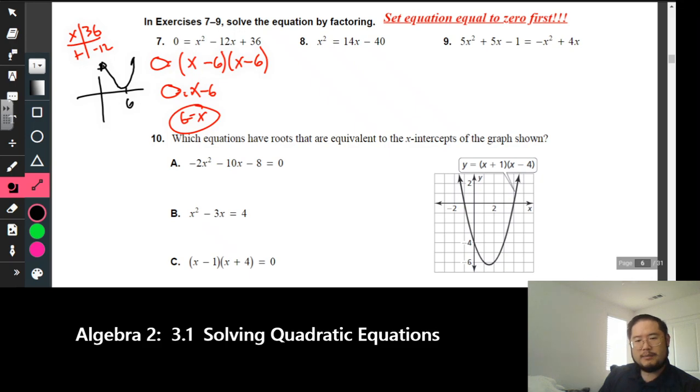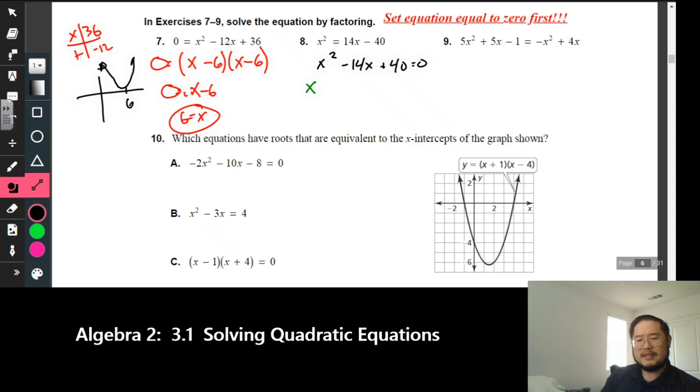Let's take a look next up at number 8. Now right here, it's not set equal to 0, so that's something you're going to have to do. I like to try to keep the x squared positive. Whenever possible, it's probably best to keep that positive. So I'll subtract 14x from both sides and add 40 to both sides. And so now at this point, we can go ahead and factor this out. Factors of 40 that add up to negative 14. Easy, right?